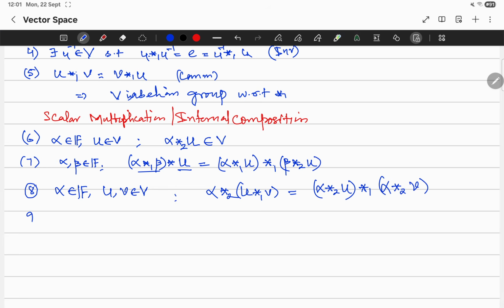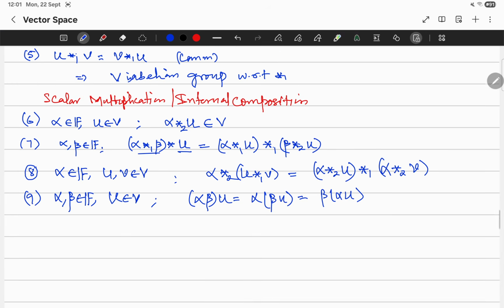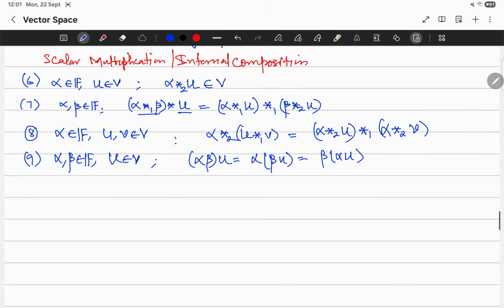Okay, ninth property is that if you have alpha, beta from F, U is the element of V, then alpha beta U should be beta alpha U, because you know beta and alpha are from F and they are commutative, so we can change it, and you can apply here star 1 star 2 as well.